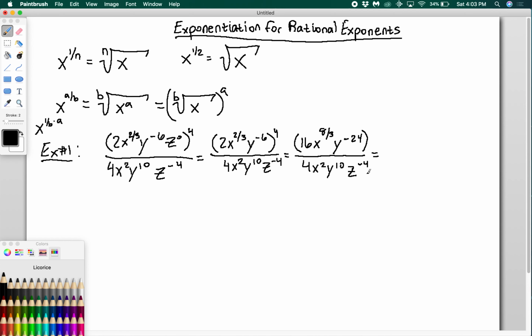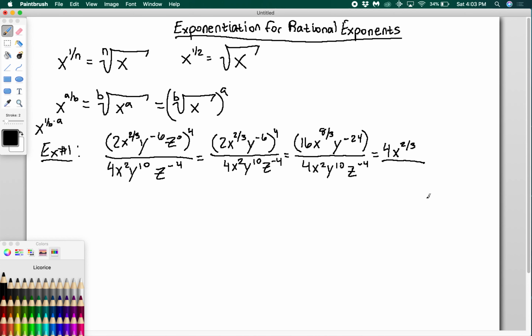Now I can think about how I described negative exponents, where I can just bring the stuff down. So from here I can say, 16 divided by 4 is 4. Then x to the 8/3 minus 2. I can get a common denominator here: 2 is just equal to 6/3, so that's going to be x to the 2/3.